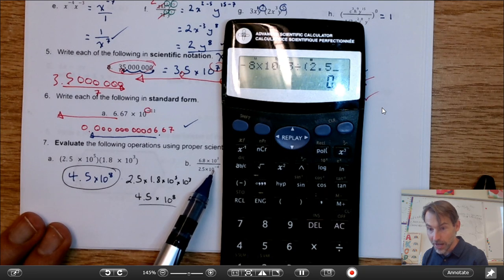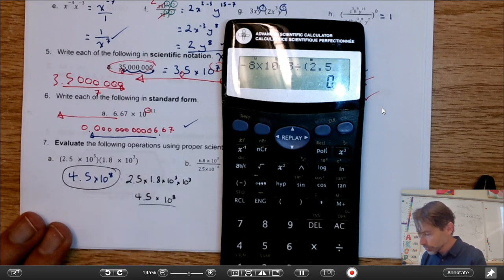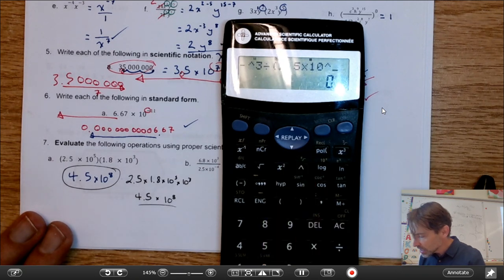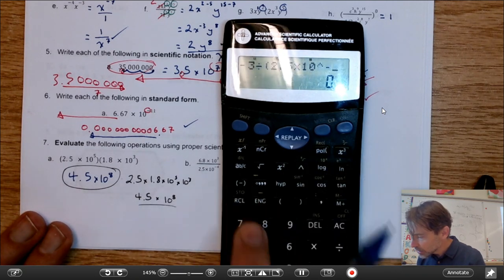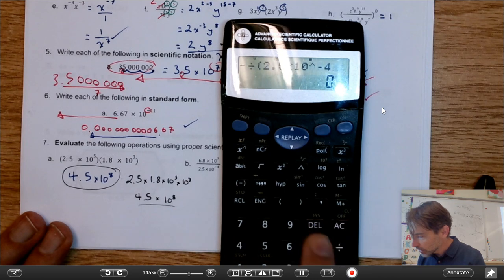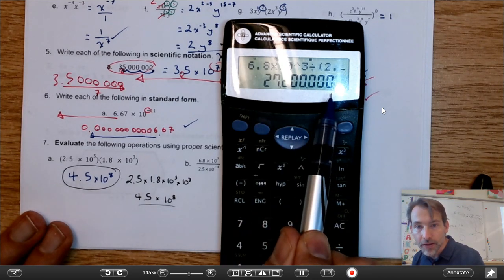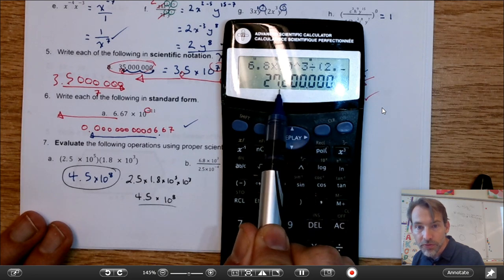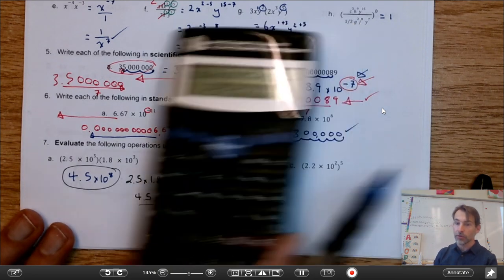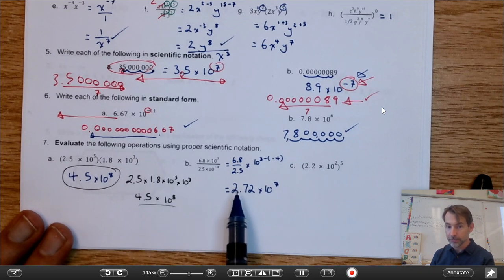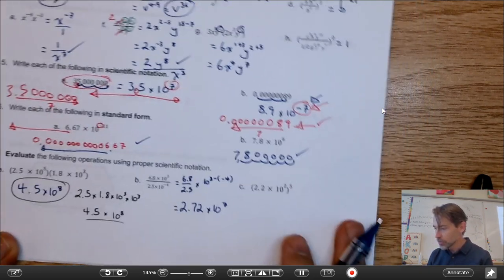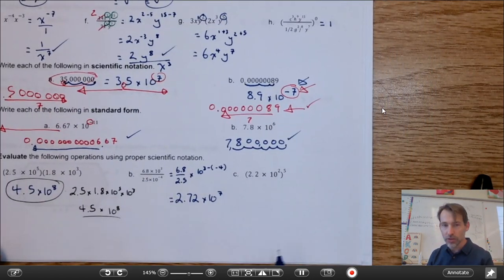You want to divide by it because it's on the bottom. 2.5 times 10 to the negative 4. And the bracket equals, oh, look at that. 1, 2, 3, 4, 5, 6, 7 moves with the decimal. I'm correct. That's correct.